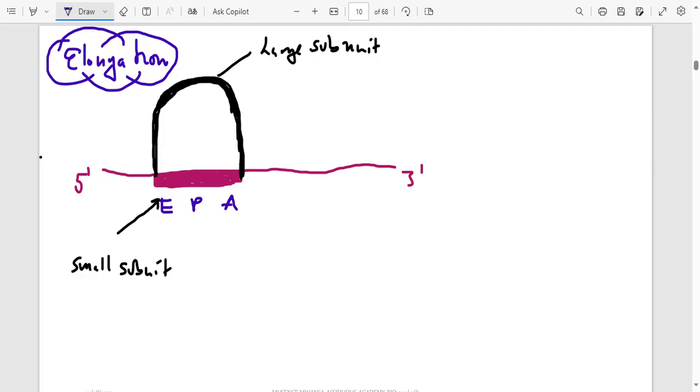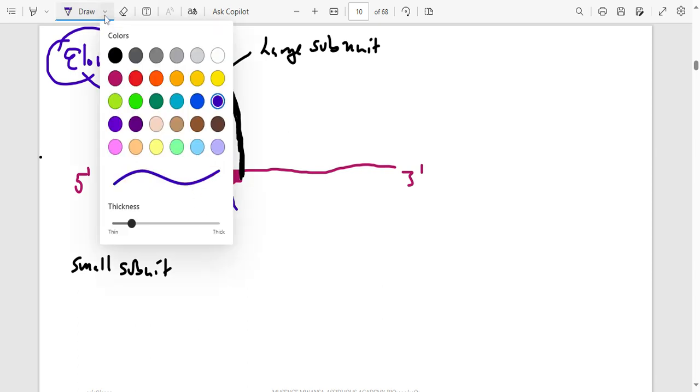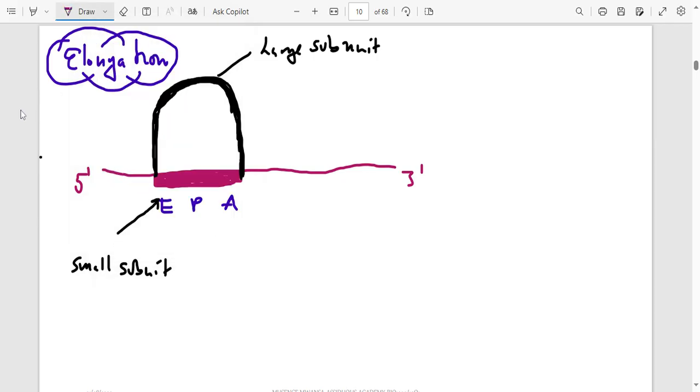The first amino acid that is brought by tRNA is going to come in the P site. Now all these sites have got meanings. E means exit, P is peptidyltransferase, A is amino acid tRNA synthesis. That's where, okay, that is amino acid. So that is what is happening.